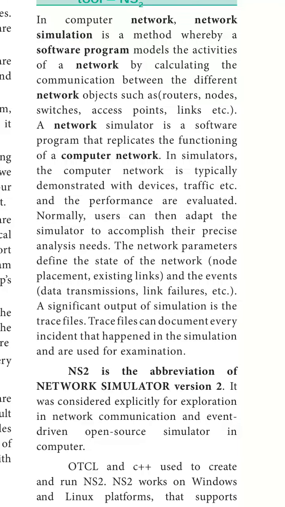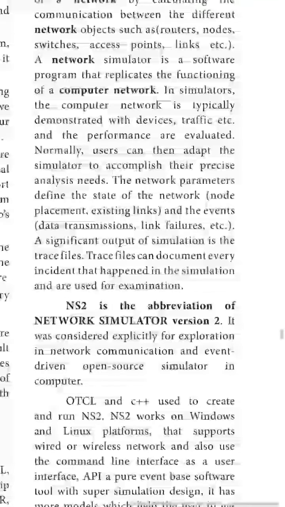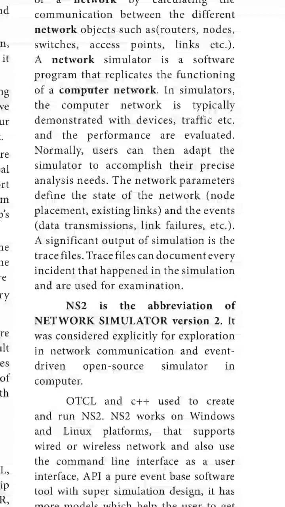The network parameters define the state of the network. Whether it is transmitting data, link failure, or node replacement, everything can be seen in this NS2, network simulation version 2.